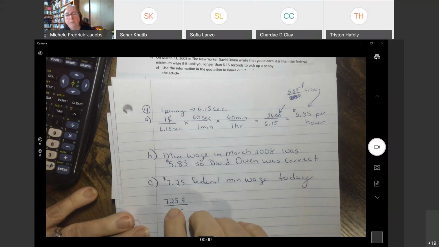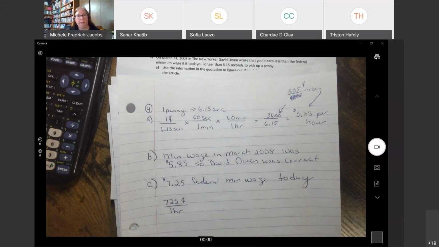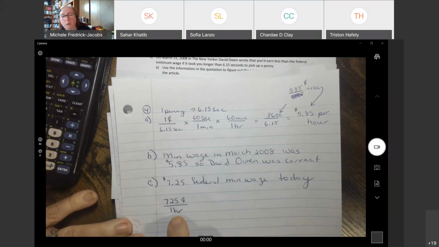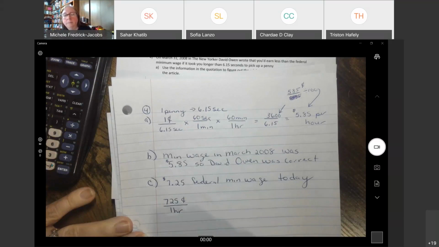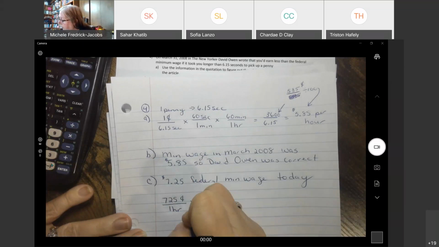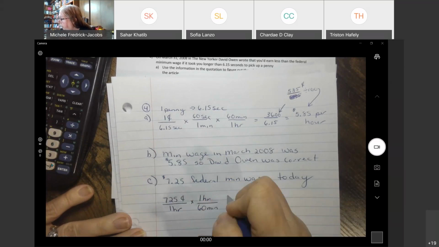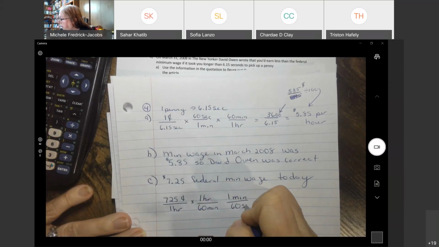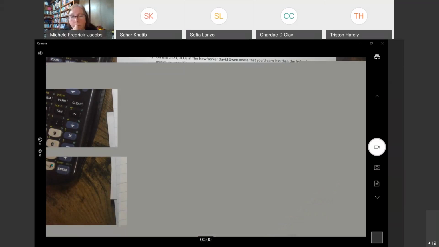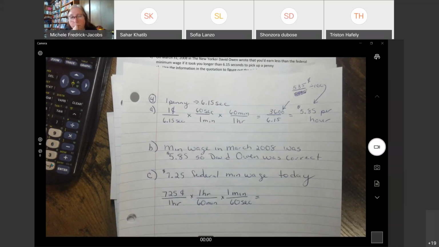I changed it to pennies because we want to find out how many pennies we need to pick up. We want to change hours to seconds. We know 1 hour is 60 minutes, and we know 1 minute is 60 seconds. I put 725 over 3,600. Yep, that will work.